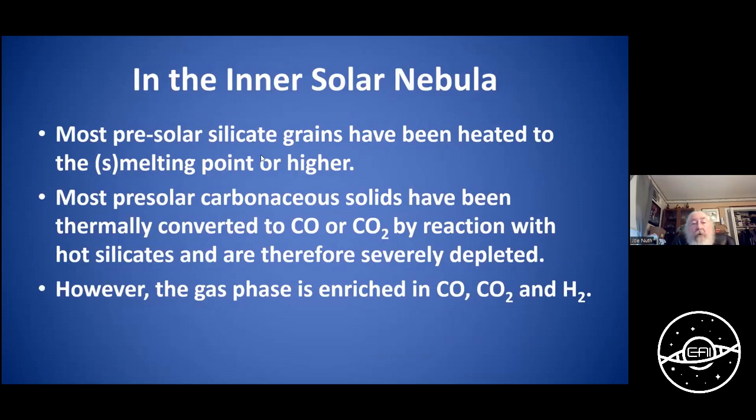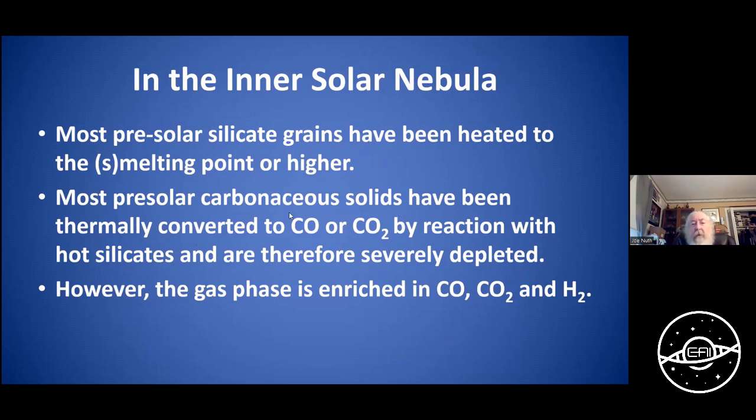So most pre-solar silicate grains have been heated to at least the melting point or higher, not quite vaporization. Some of them have been heated high enough to vaporize and recondense. Some of them have been heated high enough to make CAIs, which basically distills most of the metals out of the grains themselves.